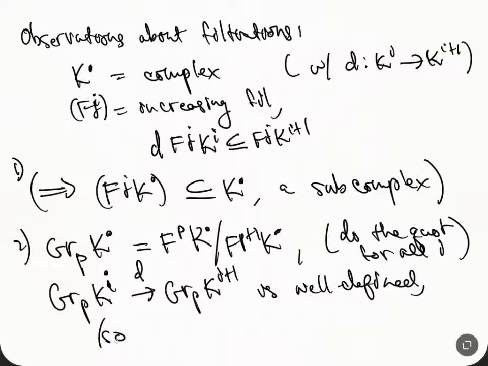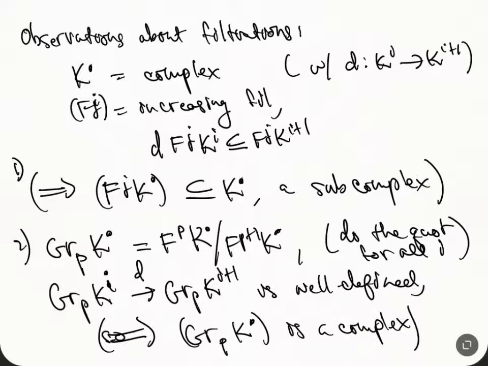So this implies that this graded piece, K, is a complex. So you can take these filtrations like this, and then you get this new complex, which is the pth graded version of the complex.